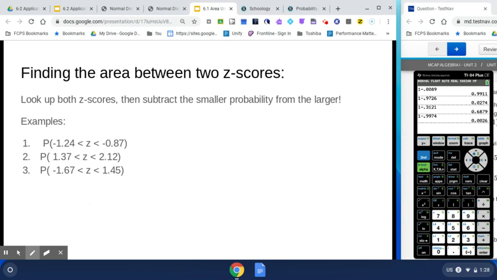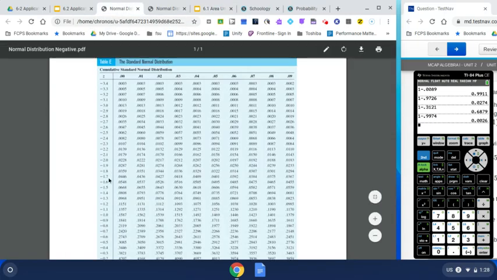So taking a look at number 1 together, we're finding the area between negative 1.24 and negative 0.87. These are both negatives, so we're going to use the negative z chart and look these both up. So the negative z chart for negative 1.24 gives me a probability of 0.1075.